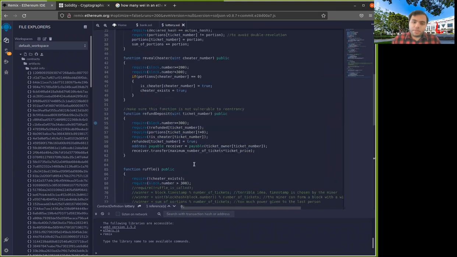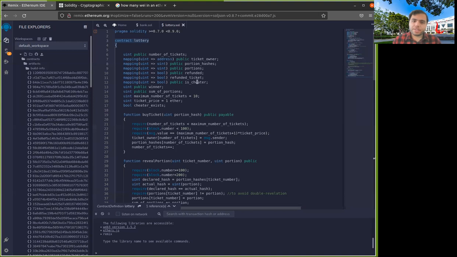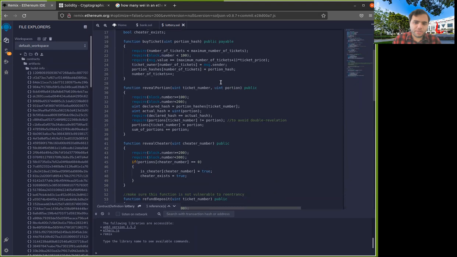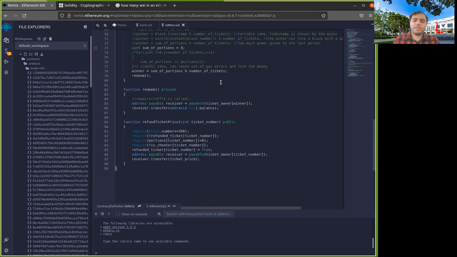Okay, so now we have this contract that almost looks okay. I mean, we still have to do a lot of optimizations. Generally, when you write a smart contract, the first step is that you write your logic. The next step is that you make sure you don't have any of the common vulnerabilities.